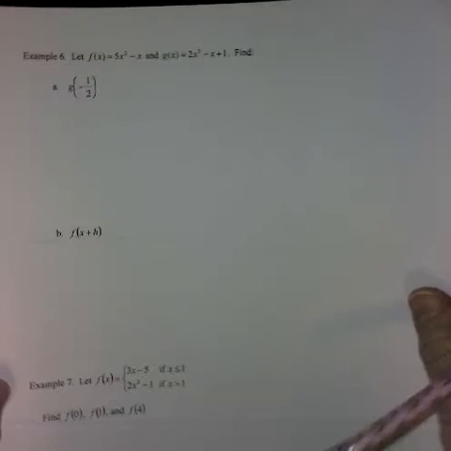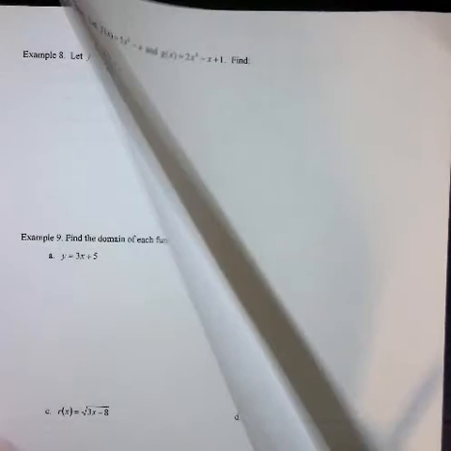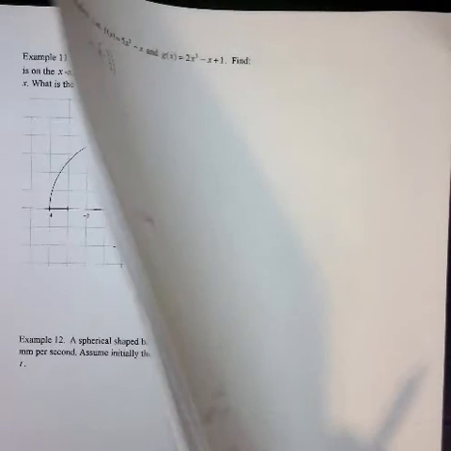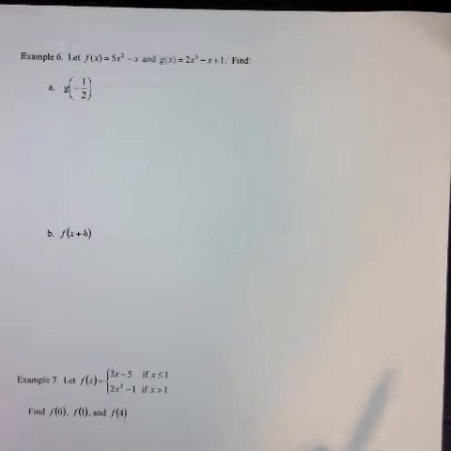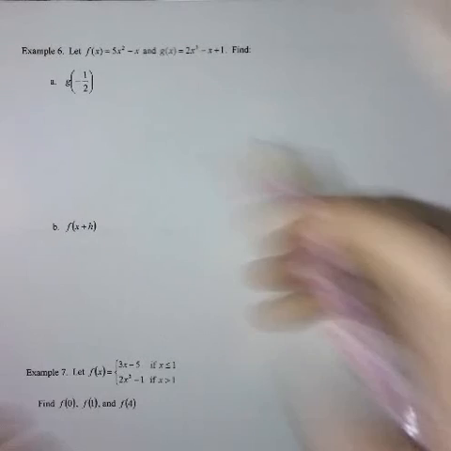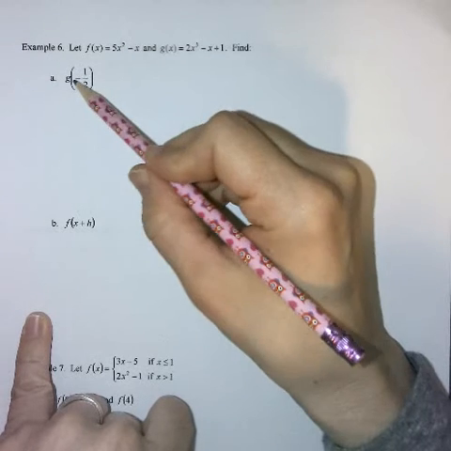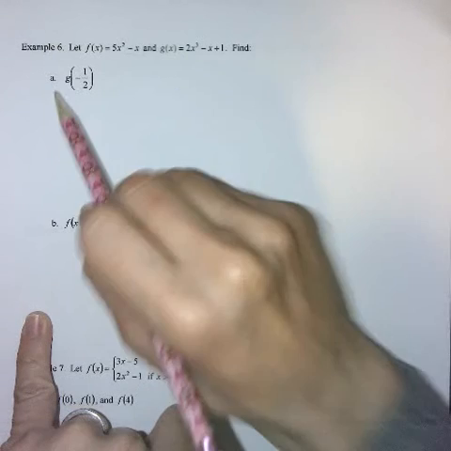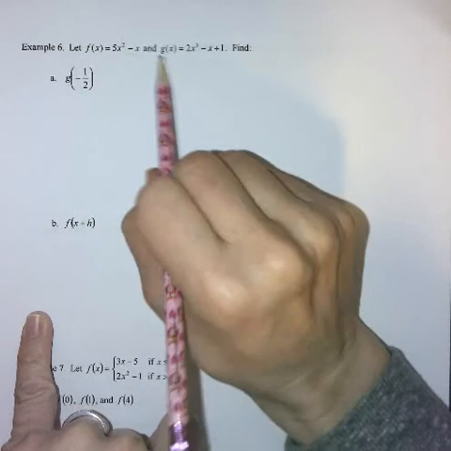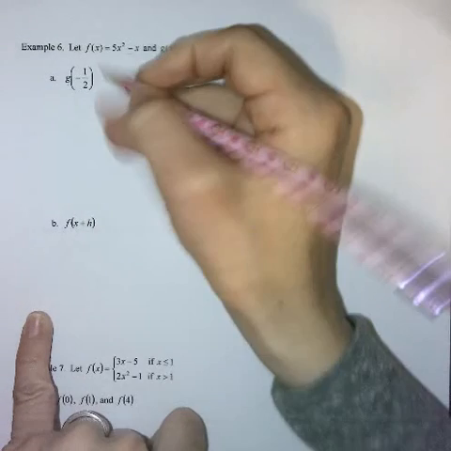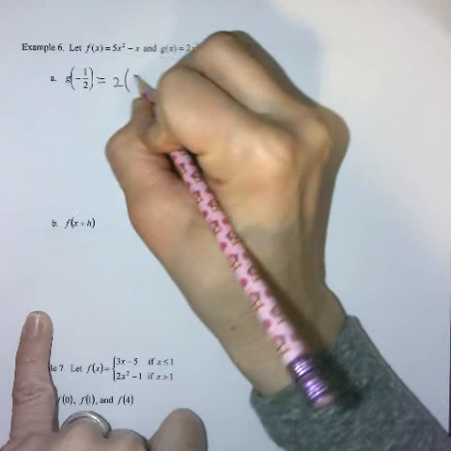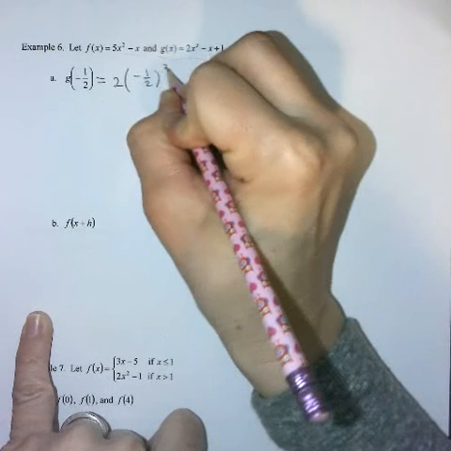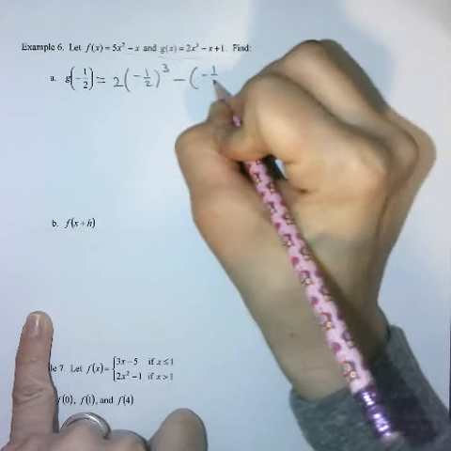All right, let's do one more, and then I think I need to pause the video, take a little break. We got a lot left. This is a long one. Okay, so here, it's the same function we used before, and then we have another function g. So in part A, since this says g, we know that we're going to use this formula. So we've got 2 times negative 1/2 cubed minus negative 1/2 plus 1.